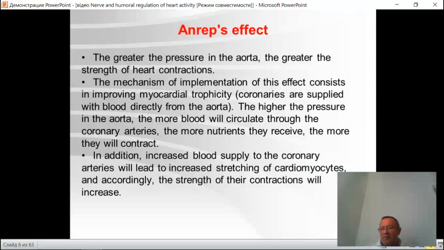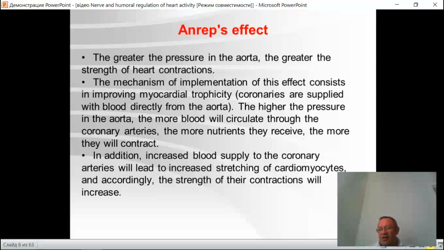Anrep effect. The greater the pressure in the aorta, the greater the strength of heart contraction. The mechanism of implementation of this effect consists in improving myocardial trophicity, coronaries are supplied with blood directly from the aorta.